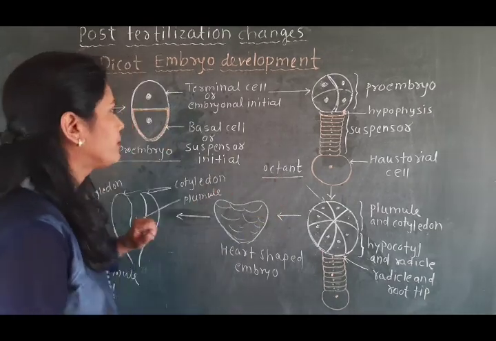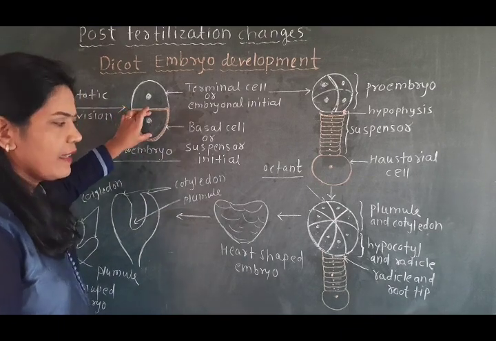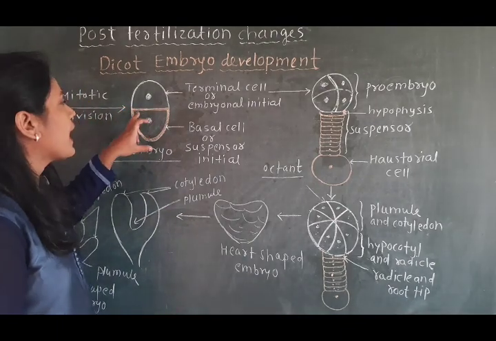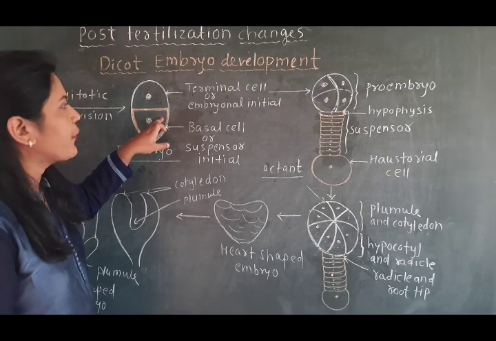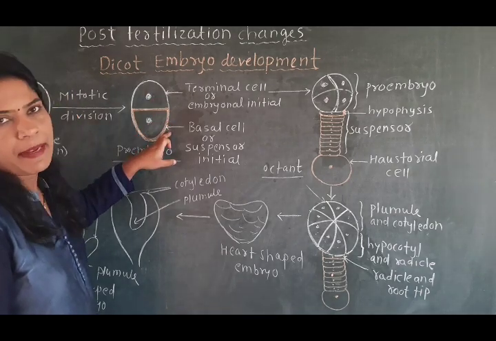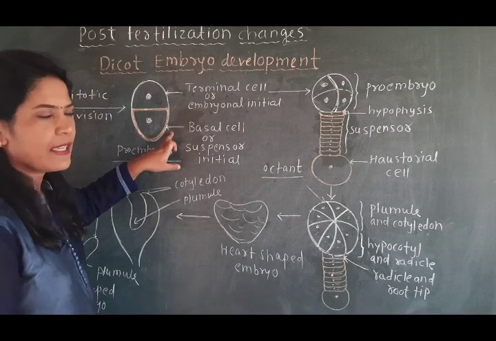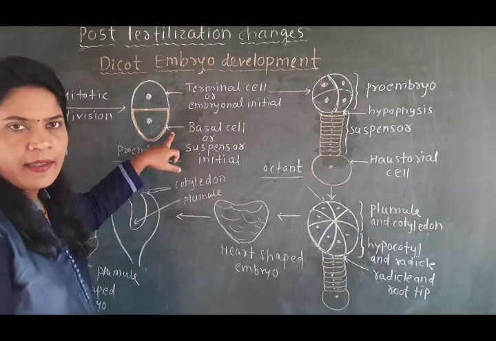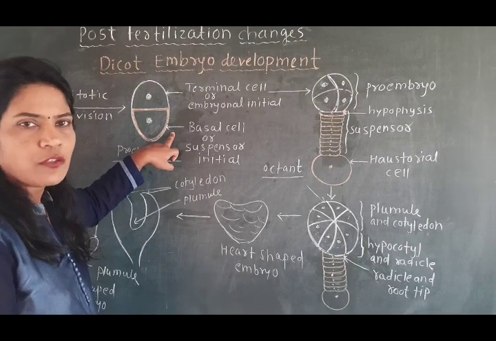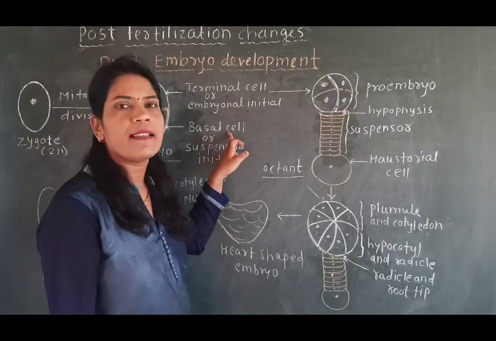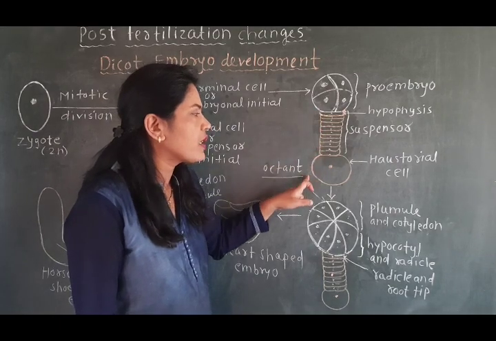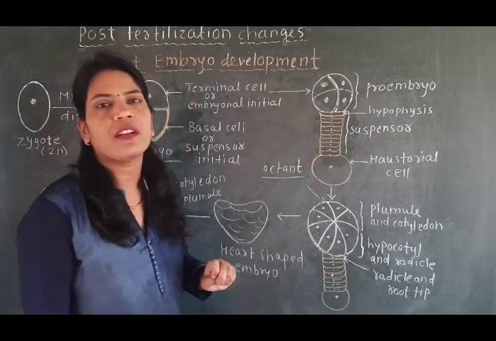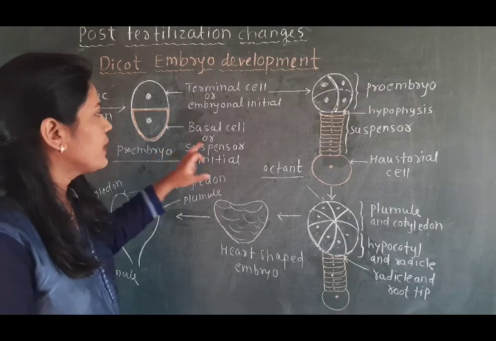Okay, now the next cell. For our convenience I have colored it, so that we can easily differentiate the terminal cell and the basal cell. This basal cell divides again by mitosis, and forms a long filamentous structure, the orange-colored structure we have seen here.